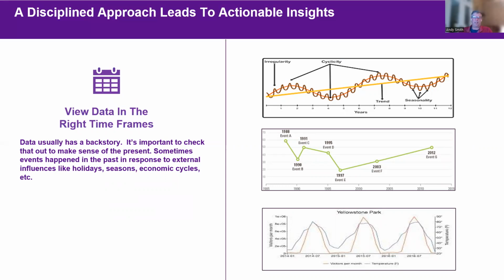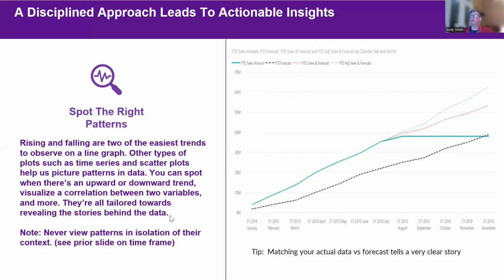A great example of this, again, I mentioned COVID: if I'm looking at a lot of brand sales right now, they may be up or down a lot just based on how you performed versus COVID. So you may want to look back another 10 years to see how you're trending. And again, those trend lines are a great way of spotting patterns. So don't rule out simple ways of looking at the data. Sometimes those are the best ways.